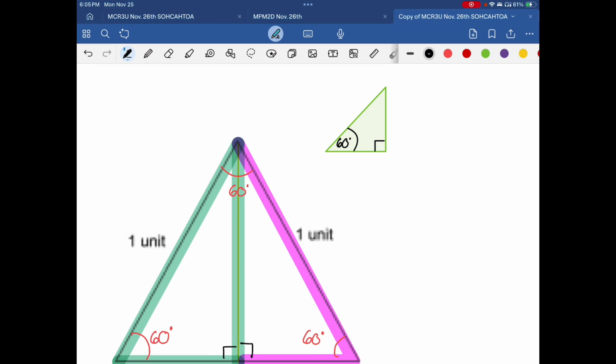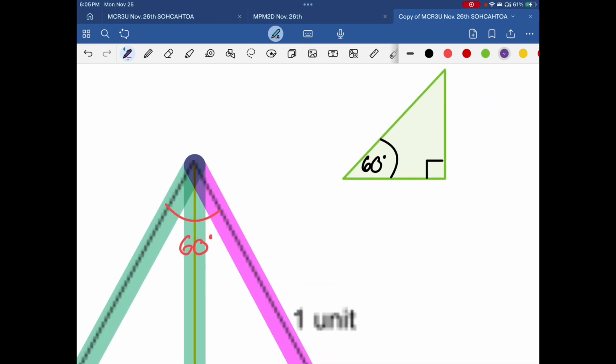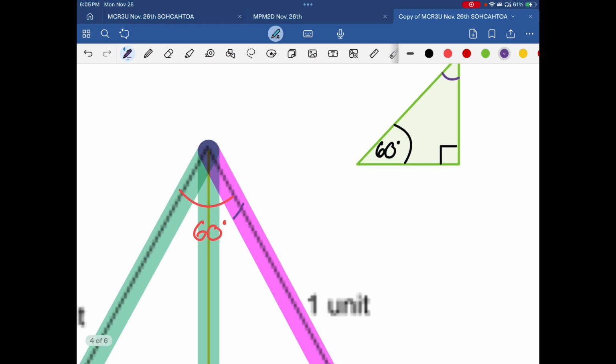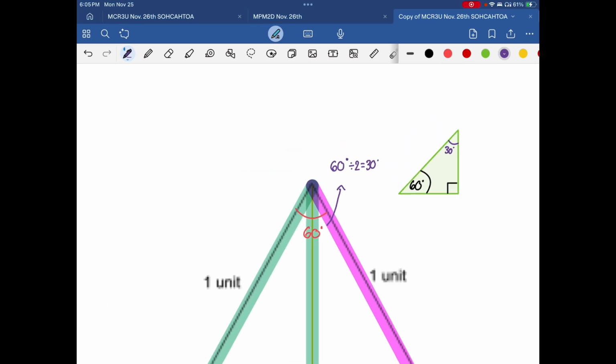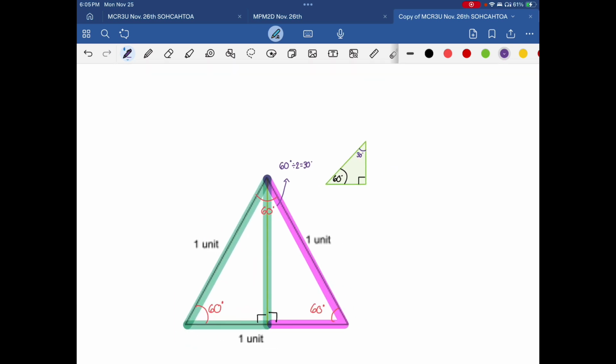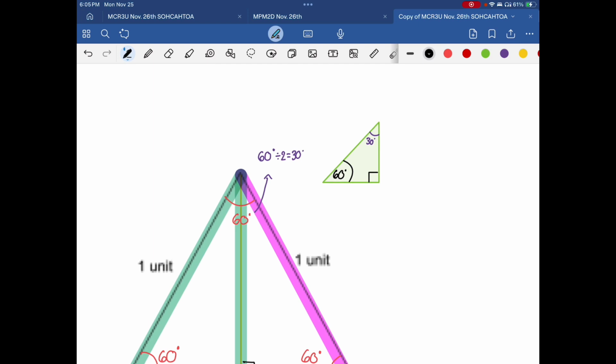And the only thing I don't know is my top angle. But hopefully you realize it's not too difficult to find that angle we're missing. All we are doing is splitting 60 degrees into 2 equal parts, which will give me 30 degrees. Amazing. Okay, now, next thing I need to do is find the measures of my right angle triangle.